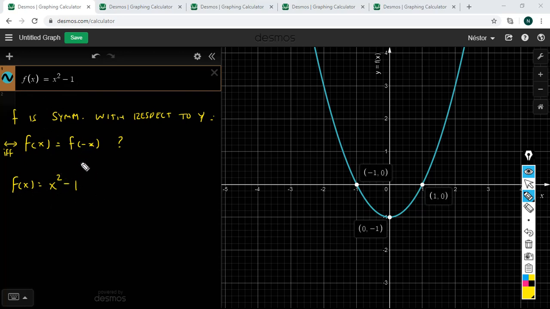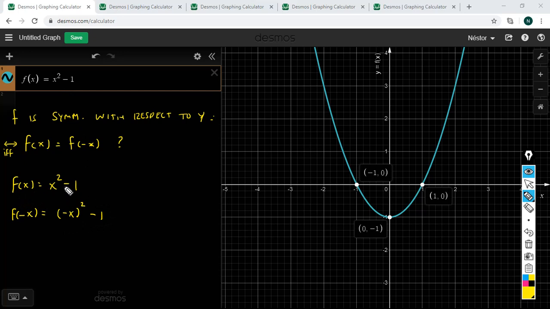And what is f of minus x? I'm going to write it in here. F of minus x is equal to the following: minus x, squared, minus 1. Make sure to understand what I did. Okay, I'm evaluating f at minus x, and this is what I should place, right? Look at the function.